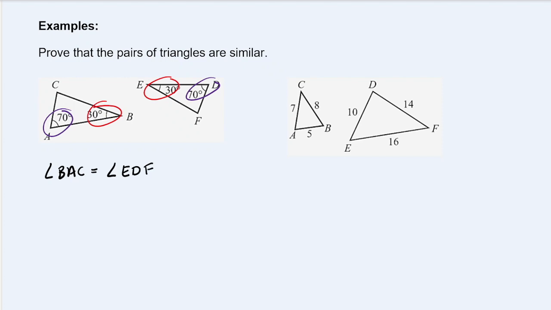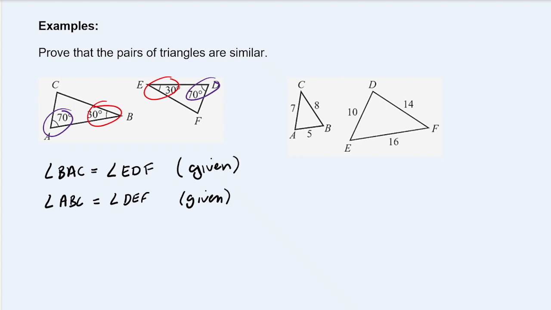So remember that the center letter in that set has to be the vertex where the actual angle sits. And then we give our reason. So that's given in the diagram. Then angle ABC is equal to angle DEF, again keeping our angles in the middle.